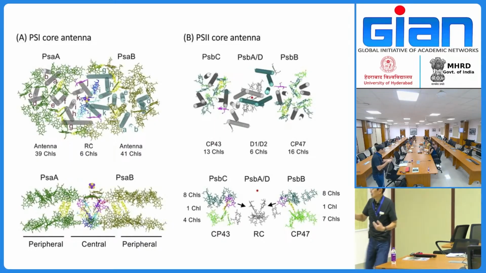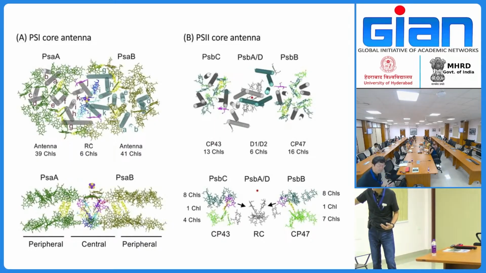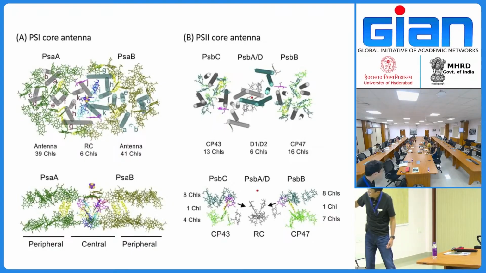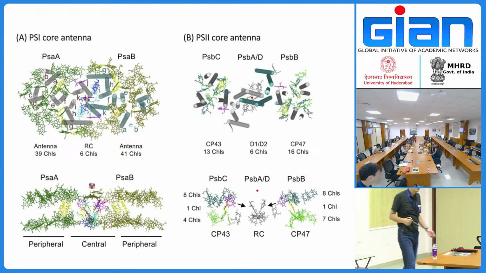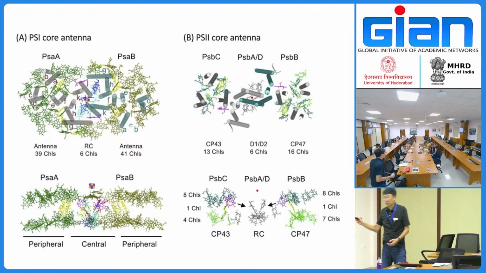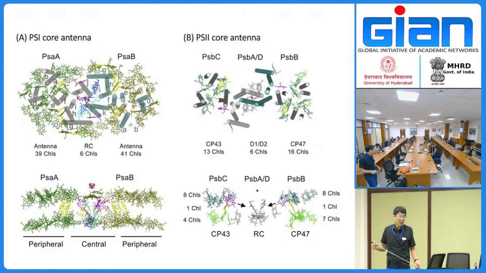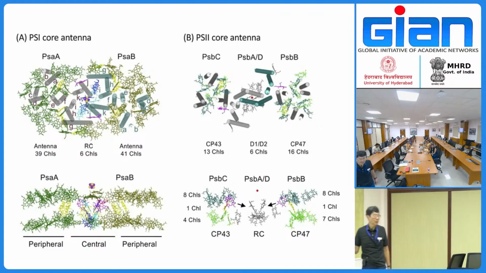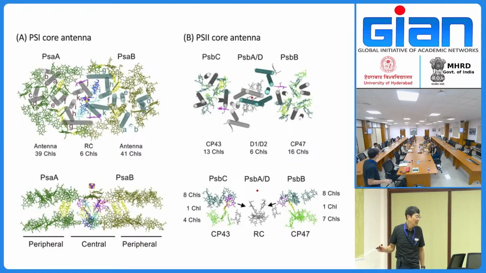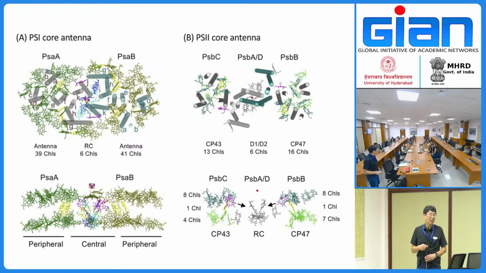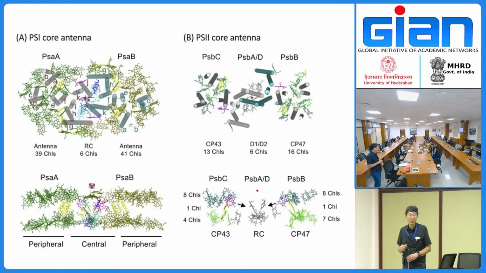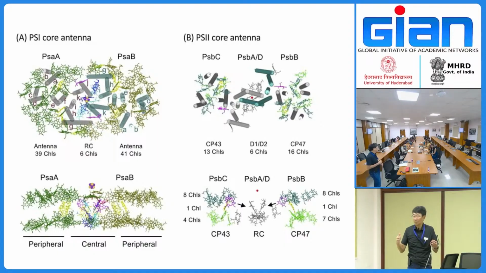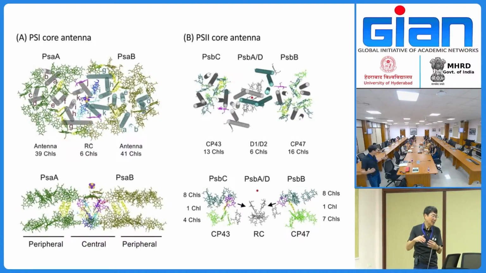Not every chlorophyll, but two specific chlorophylls are close to the reaction center, so they transfer the excitation energy. We can speculate these kinds of things from the structure. So this high resolution structure helps us understand how the excitation energy is transferred from the antenna to the reaction center.